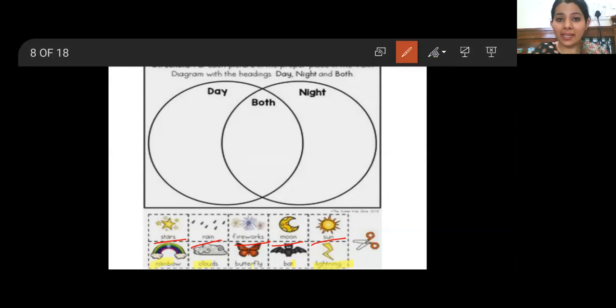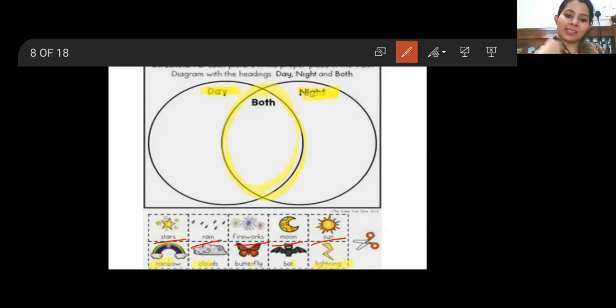Now all these things, there are some things that you see only in the day. There are some things that you see only during night, and whereas there are some things that you can see both in day and night.